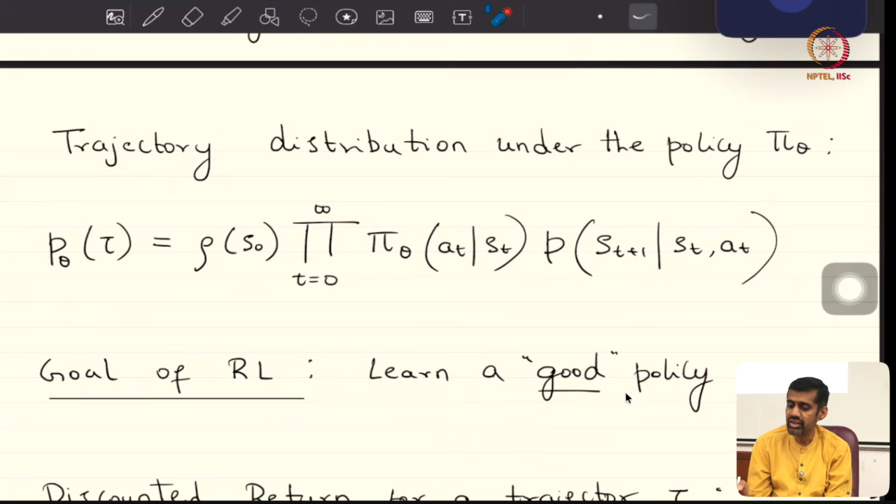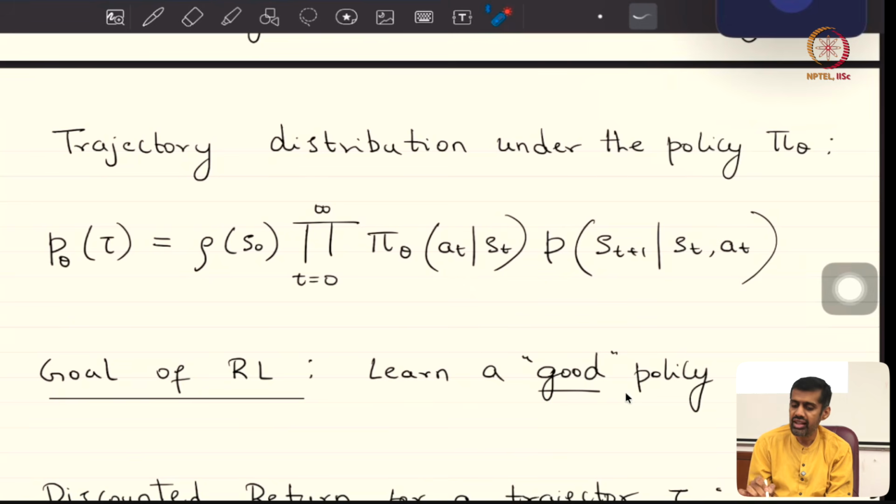Multiply that with the probability of transitioning into state S(t+1), given that you are at St and At at time t. That's it. This is the chain rule of probability, right? If you have a sequence of random variables governed by the underlying distribution, you just write the distribution over the entire sequence as the product of the conditionals. This is the product rule. Now this is the distribution over the trajectory.